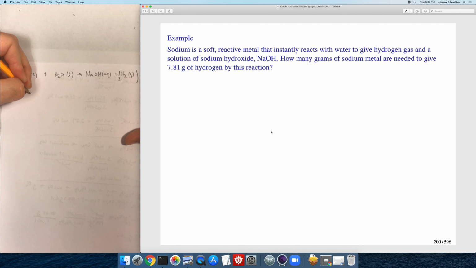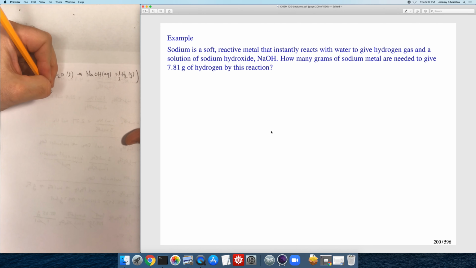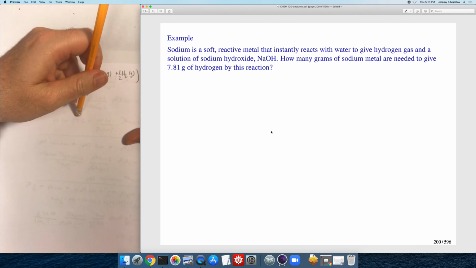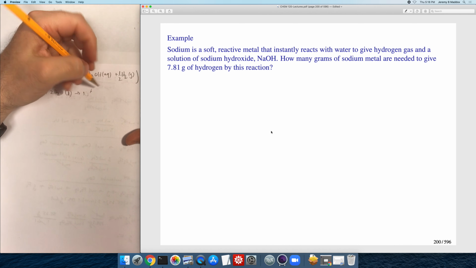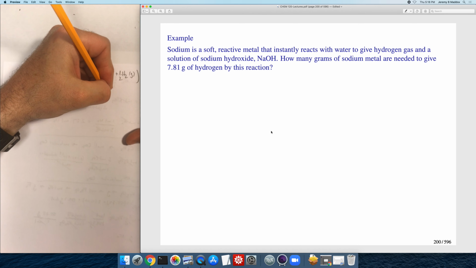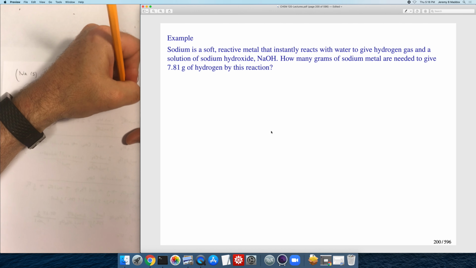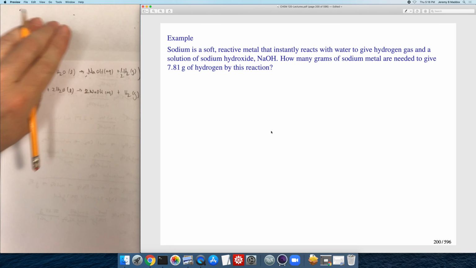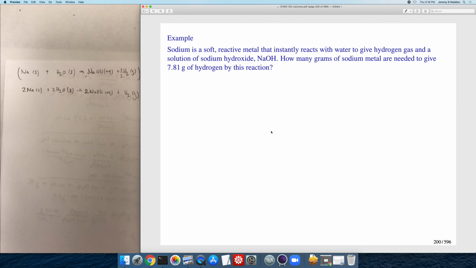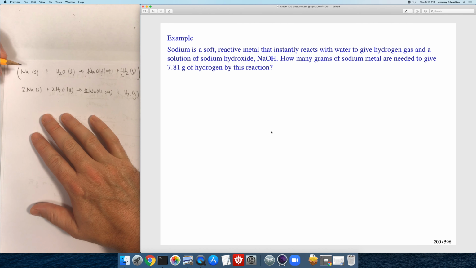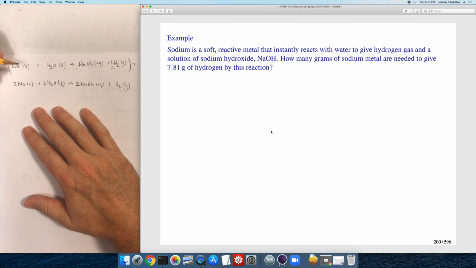So 2 sodiums, 2 waters, and 1 H2. That should be balanced. It is.